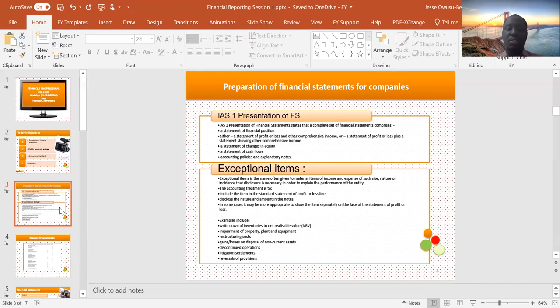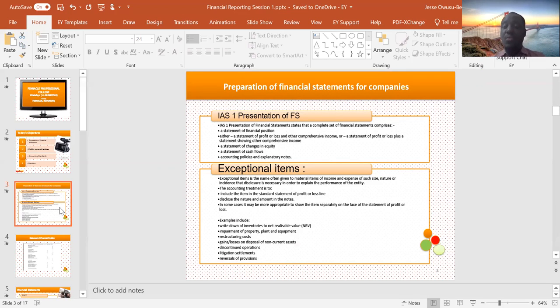So what is the accounting treatment? The accounting treatment is to include the item, the exceptional item, in the standard statement of profit or loss line. You also disclose the nature of the amount in the notes. You need to explain; that's the purpose of the notes. The notes are explanatory, like we said previously.